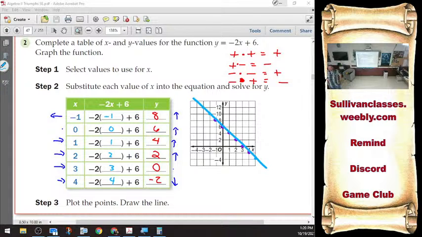I want you to look at where my line is and how far I went. This pattern is going to go forever because I can pick any number I want for x. They pick nice numbers in the middle of the graph. Is there anything wrong with me sticking 538.6 in there?